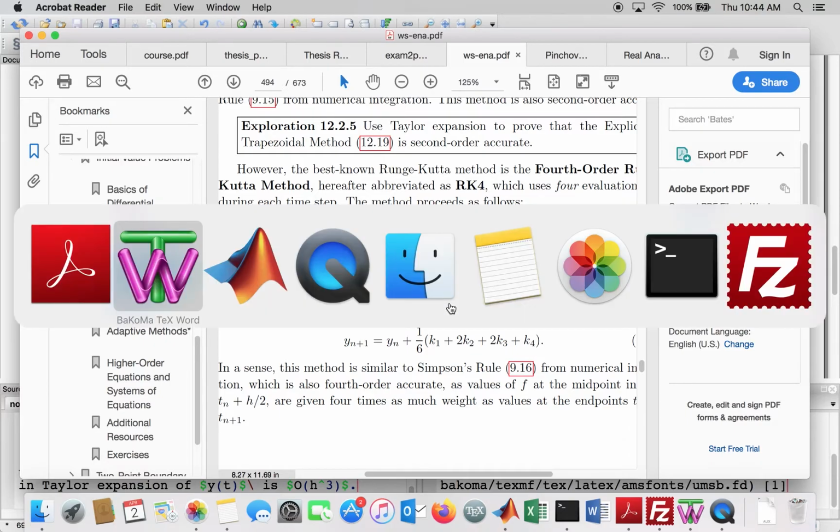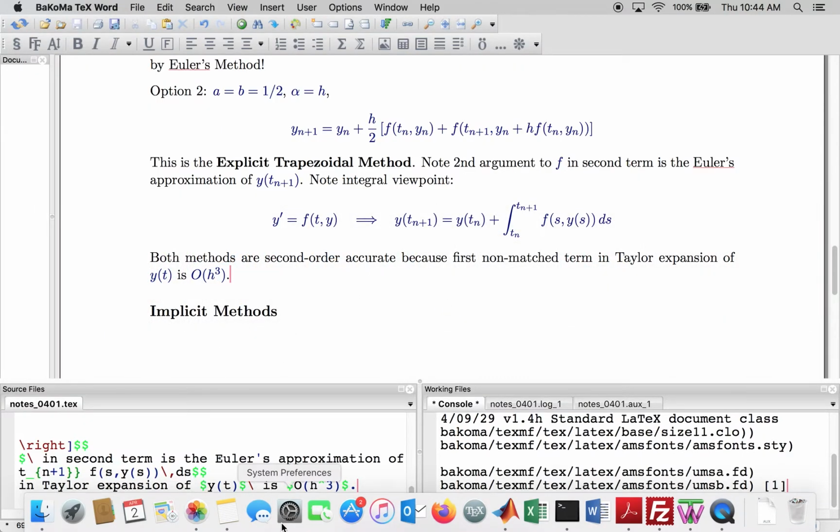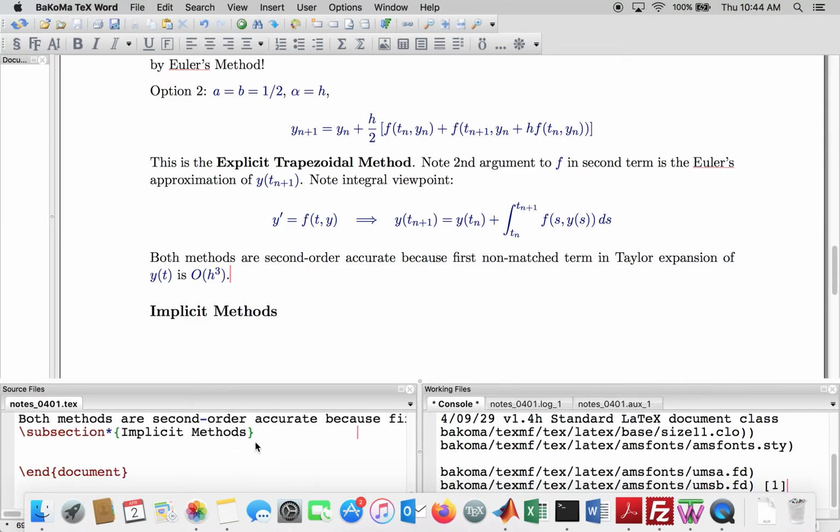Now, the last thing I want to show you is I mentioned the explicit trapezoidal method. That implies that there's such a thing as an implicit trapezoidal method, and that's true. There are actually many implicit methods.